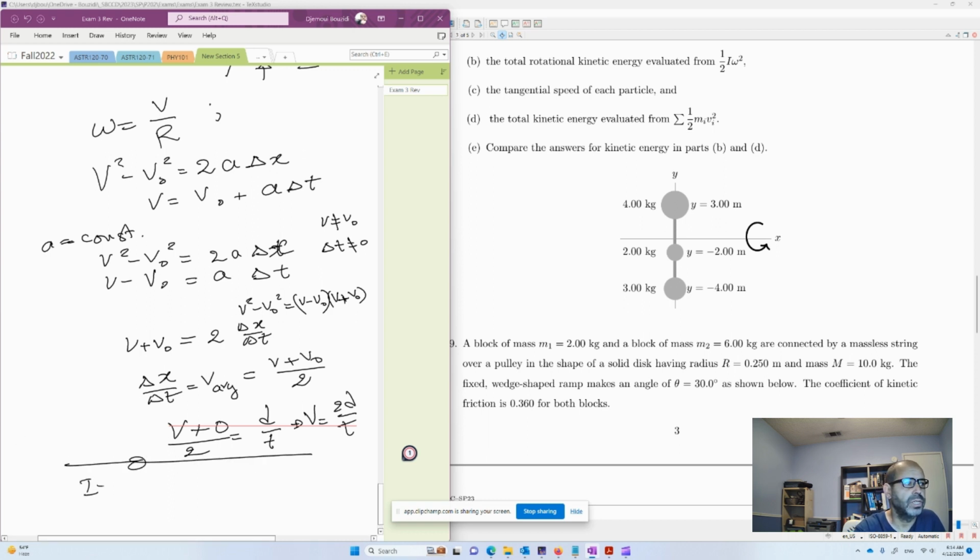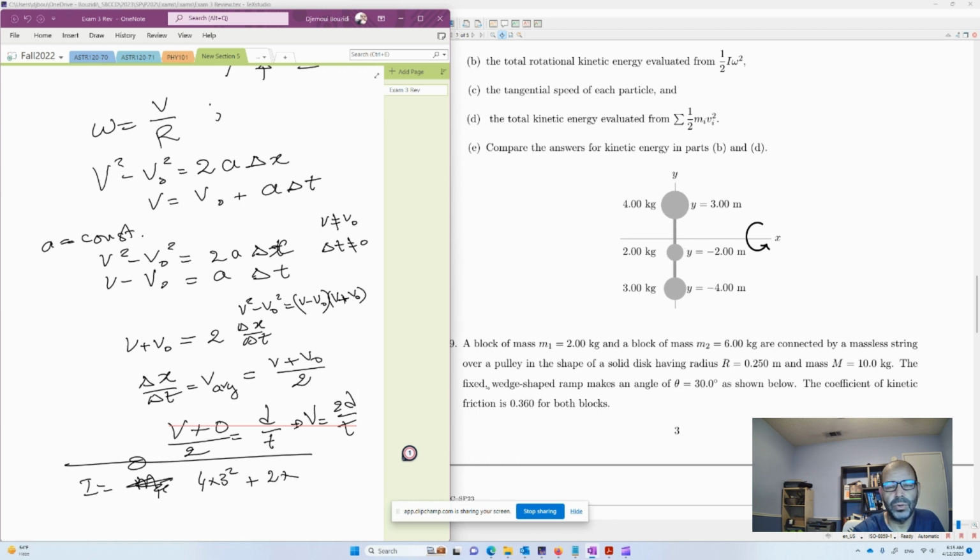So the moment of inertia in this case, there is no 1/2, these are point particles. So it's going to be m1 times its distance from the axis of rotation, which in this case is 3 meters, so let me write the numbers quickly. It's 4 kilogram times 3 squared, because everything is in SI, plus 2 kilogram times the distance, 2 meters.